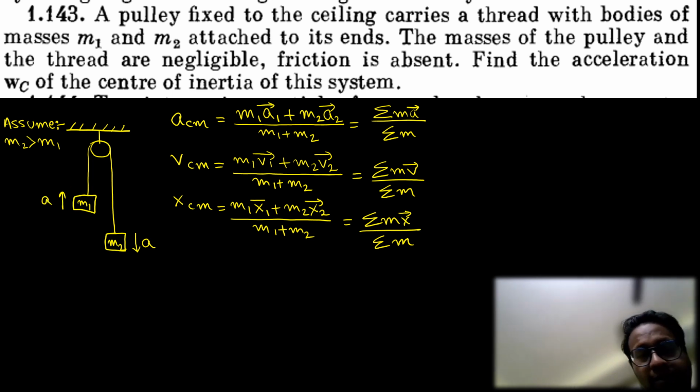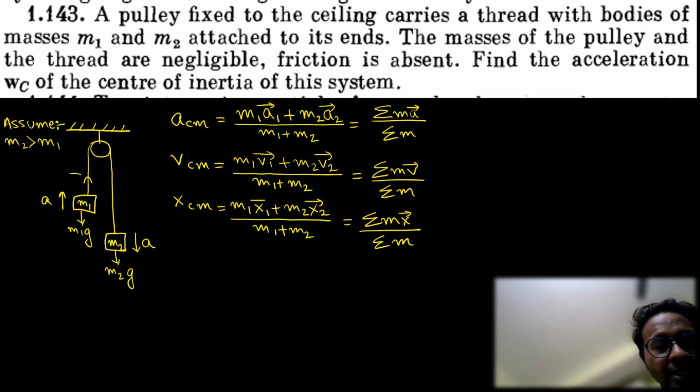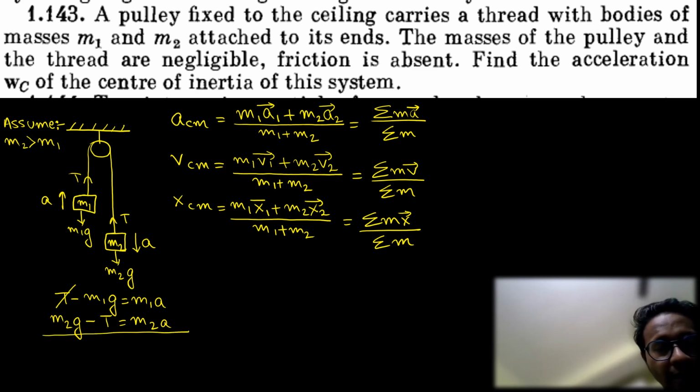Now I need to find out the value of this acceleration. If I draw the free body diagram, on M1 there is M1G, on M2 there is M2G, and tension T on each. For equation 1, from body 1, T minus M1G equals M1A, and from body 2, M2G minus T equals M2A, and the T and T will get cancelled.